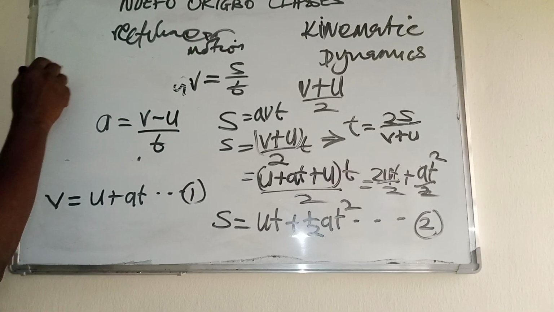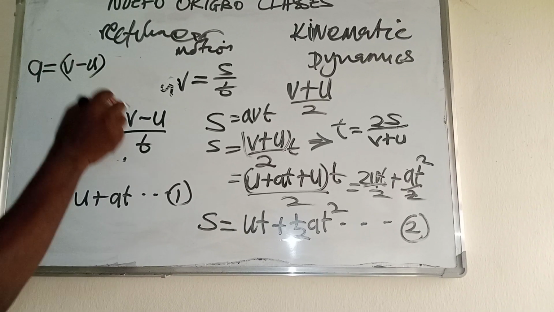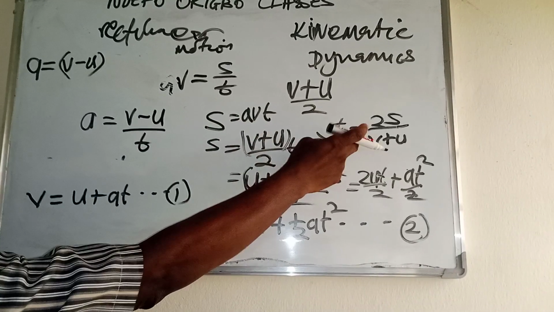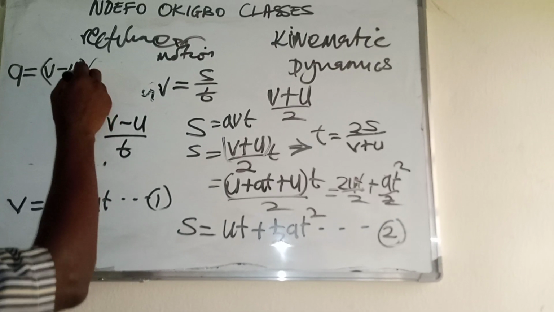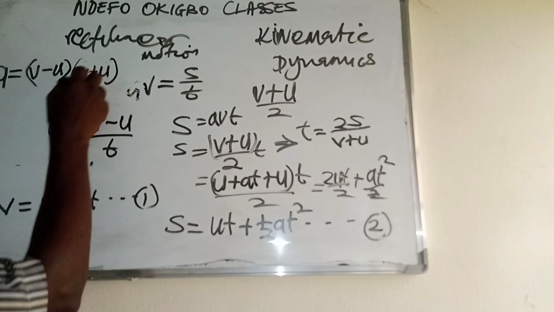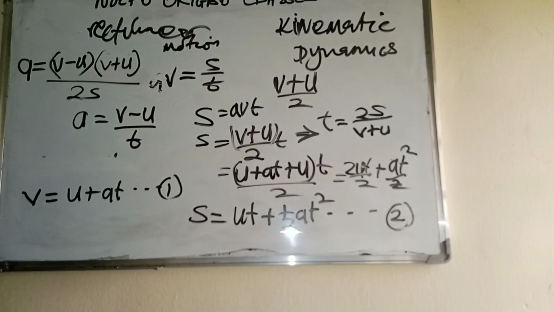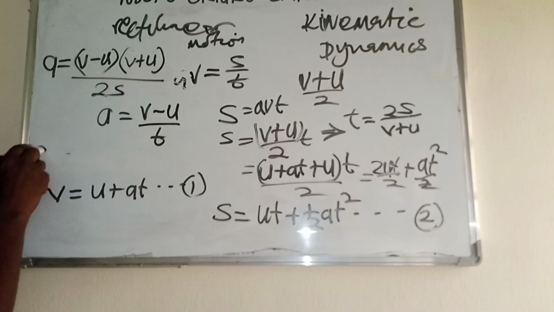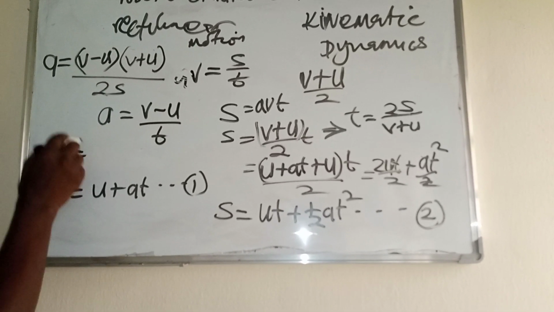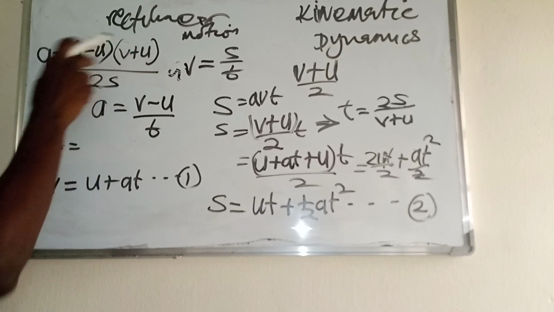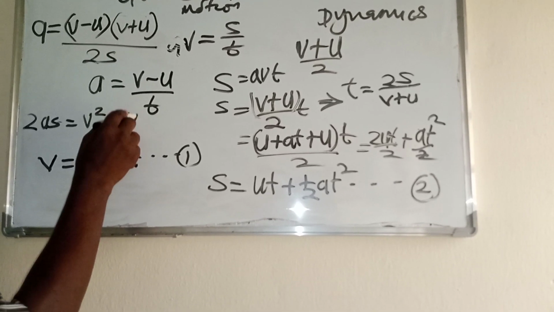So if you bring it here, a will be equal to v minus u, and if you replace t with this, that will be bracket v plus u all over 2s. Which implies that, if you send 2s up to meet a, 2as is equal to v minus u times v plus u, which is v squared minus u squared.